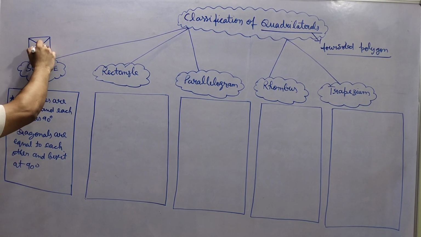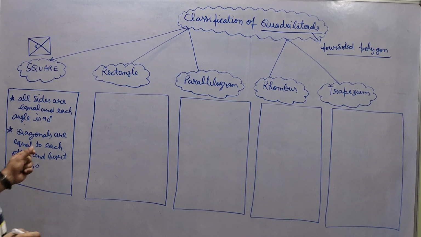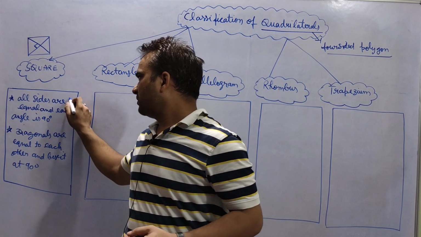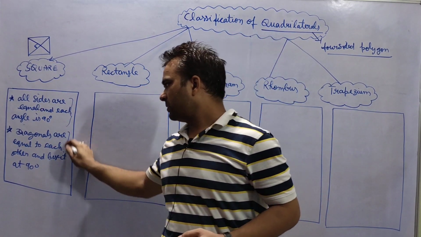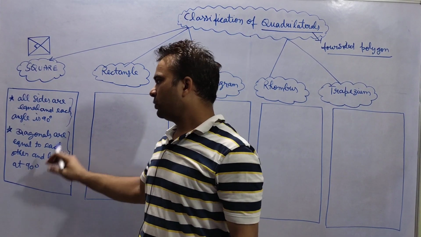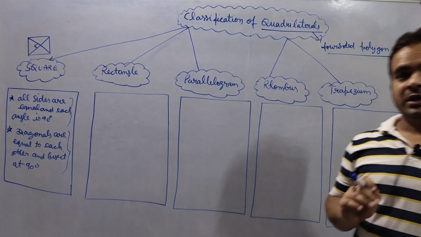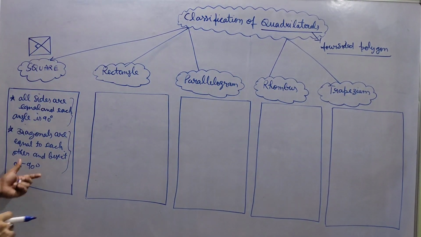It means this angle will be 90 degrees. So this is an additional condition. If this first condition is not given, but this condition is given, then also you can say that it will be a square. So diagonals should be equal and they should bisect each other at 90 degrees.